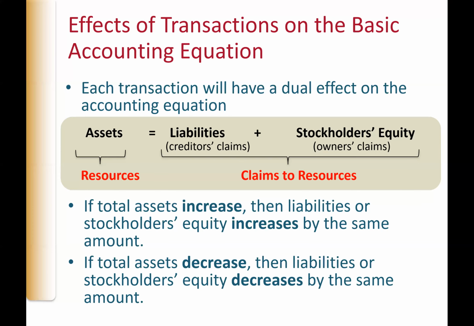Also, if assets decrease, then we know that liabilities or stockholders' equity also has to decrease by that exact same amount. So remember that accounting equation. After the end of each transaction, it is always going to be in balance. It has to be in balance.